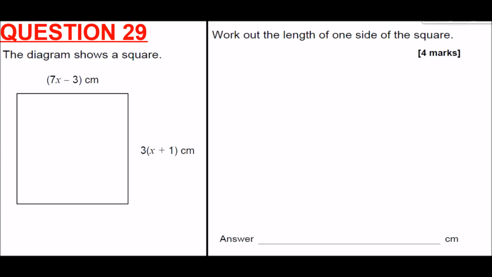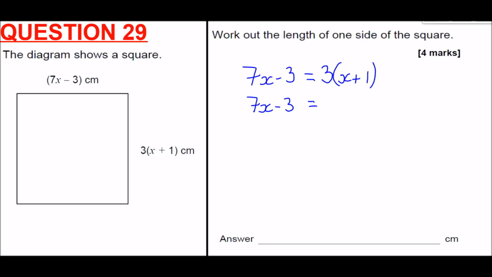Question 29, we have a square and we're asked to work out the length of one side of the square. With a square, each side is the same length, and so this top side, which is 7x minus 3, will be the same as this side. Because remember, all sides of a square are of the same length.